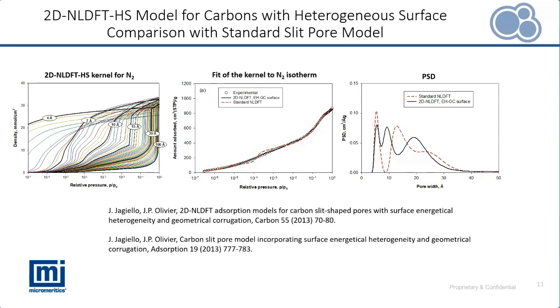Actually, at this point there is a maximum on the new distribution. So this 2D NLDFT model for carbons is available in Micromeritics software, and this is a significant improvement over the slit pore model.